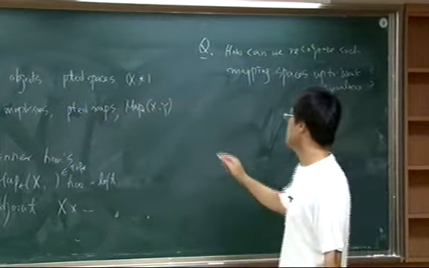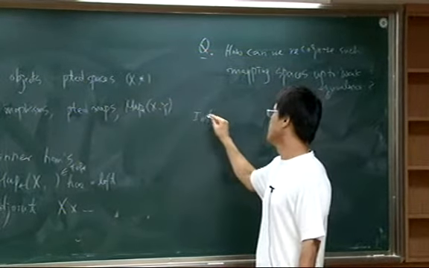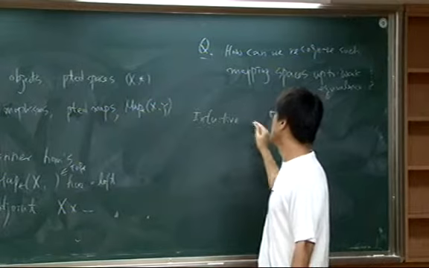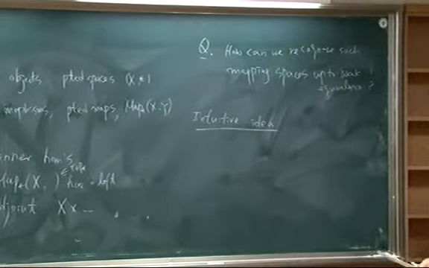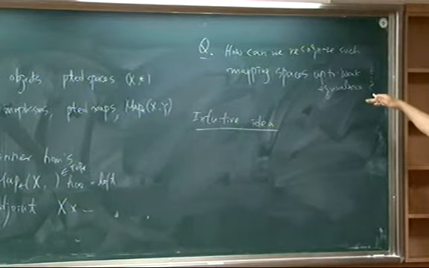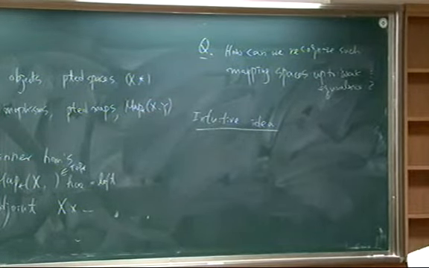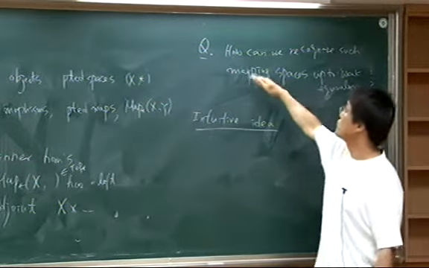The intuitive idea is the following. This is some kind of space, and in general, in algebraic geometry or in algebraic topology, how can you recognize those kinds of spaces?